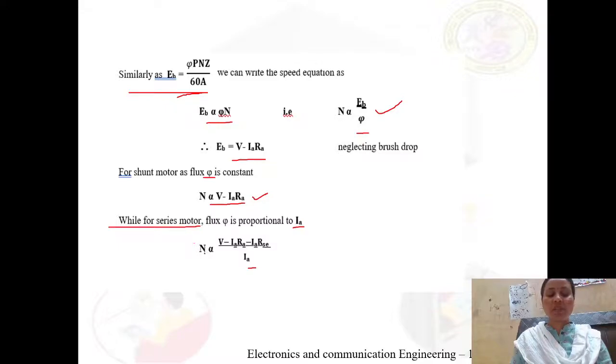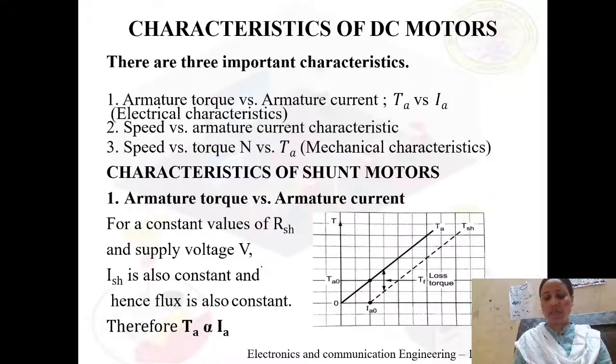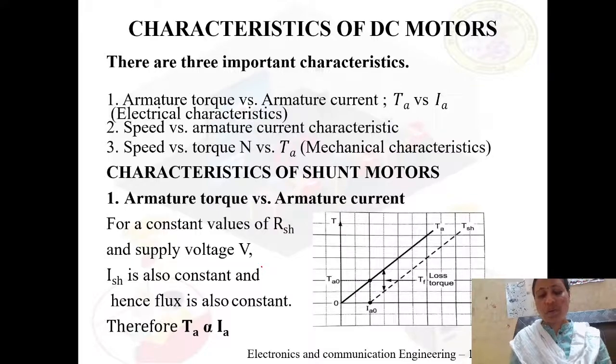In case of series motor, N is proportional with V minus IA RA minus IA RAC, whole divided by IA. Okay. So by considering these two relationships, we can easily predict or analyze the different characteristics of the DC motor. These characteristics will help us to understand the behavior of the DC motors.